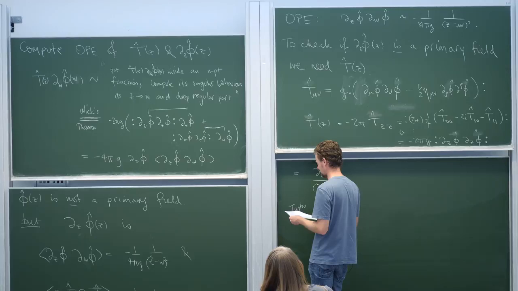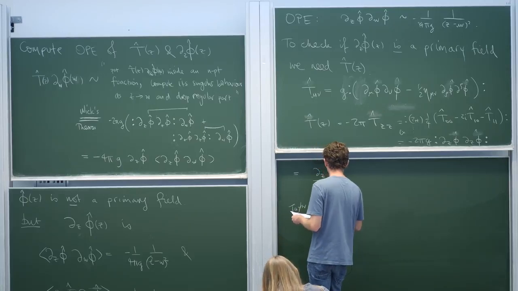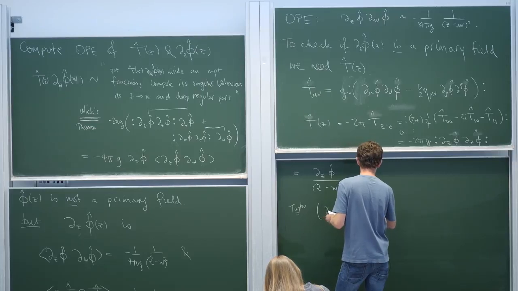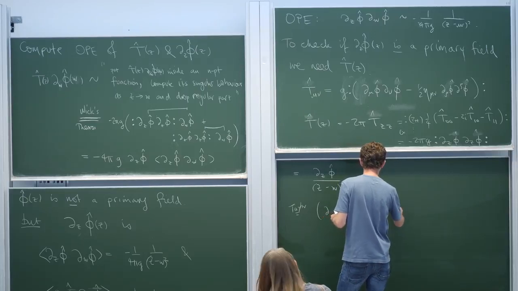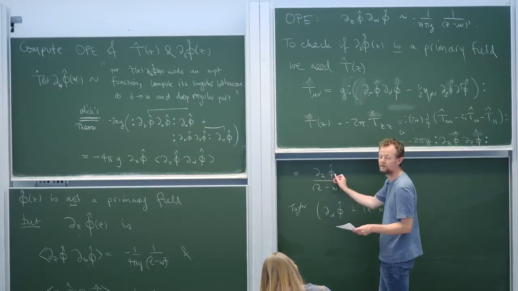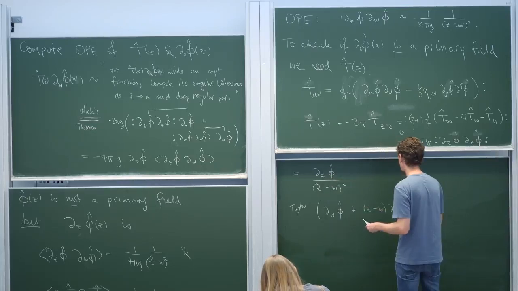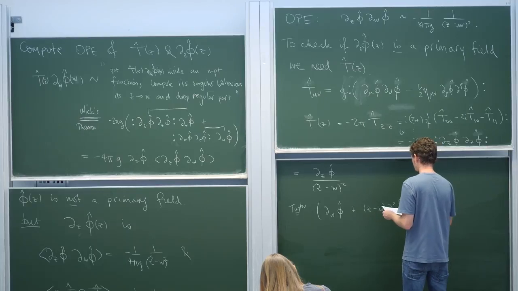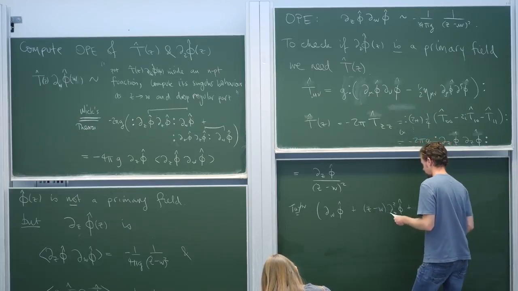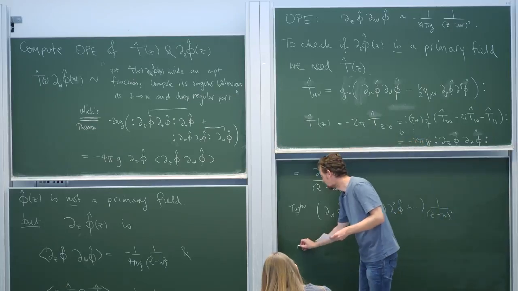So we do a Taylor expansion to get this field around w instead of z, and then we end up with our final answer.